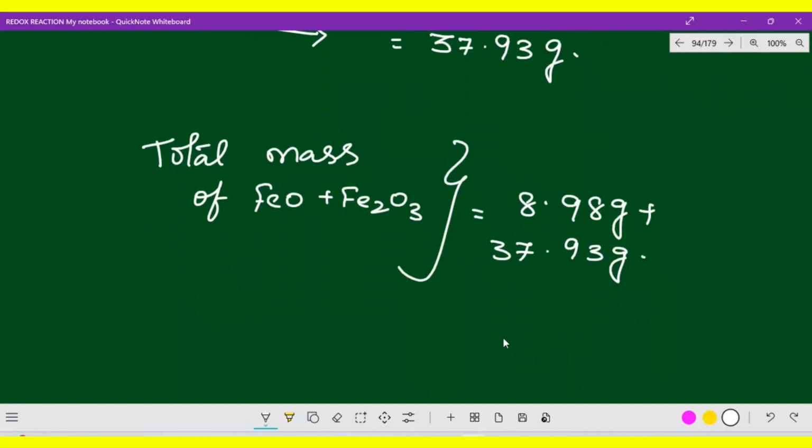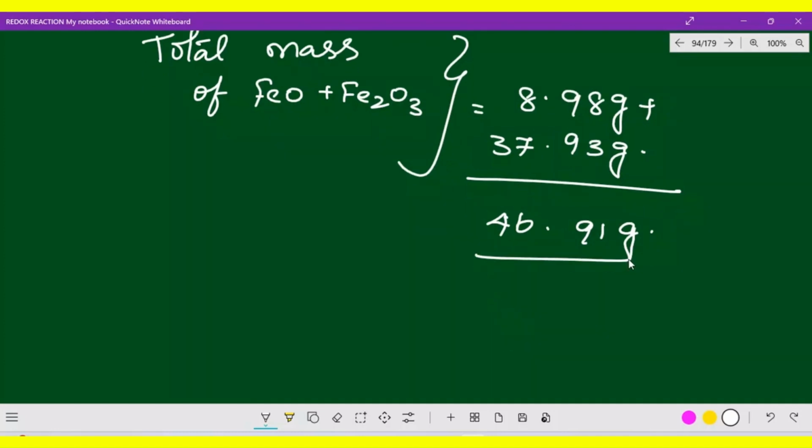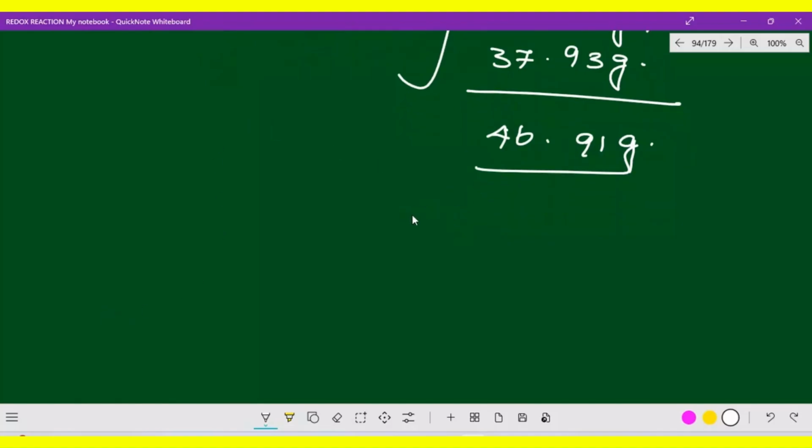So we will get a total of 46.91 gram. Right, now we have to find out the mass percentage of Fe2O3. Now this is the total mass, combined together.